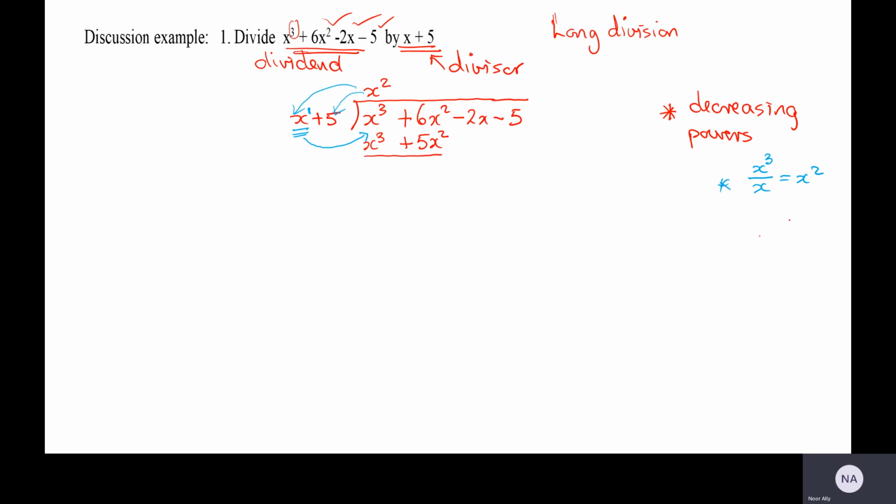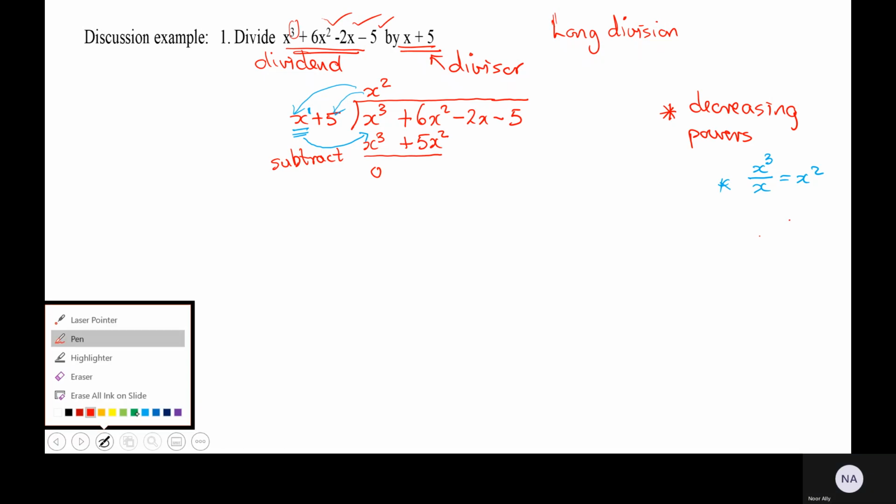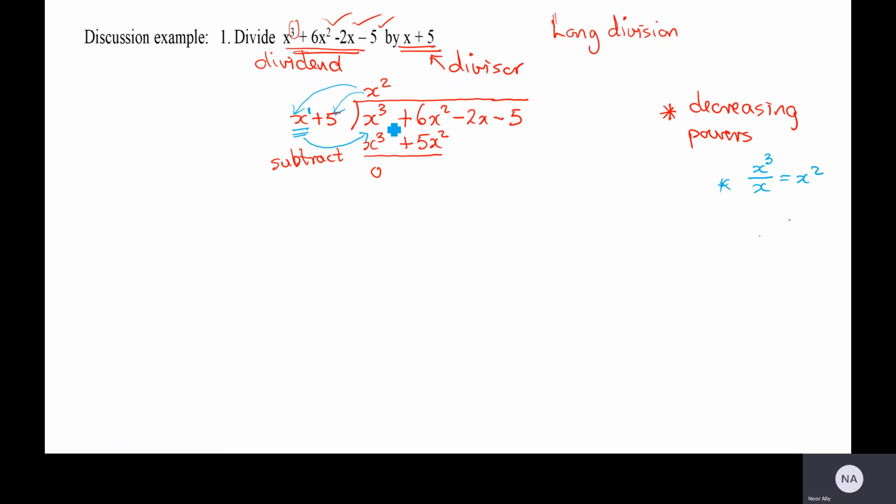Now you subtract. So subtract those. x cubed minus x cubed gives you 0. Please notice that these arrows are inserted as we go along with the lesson.